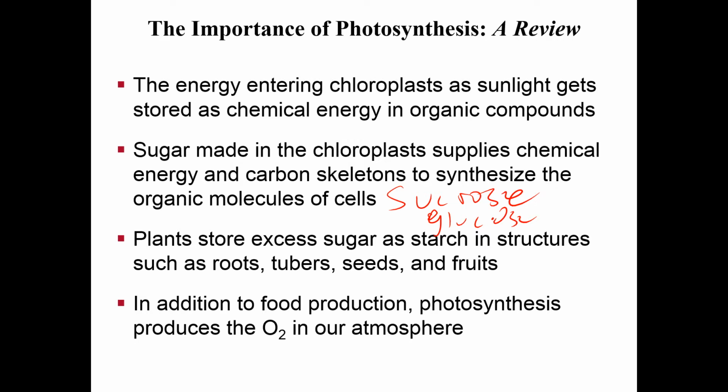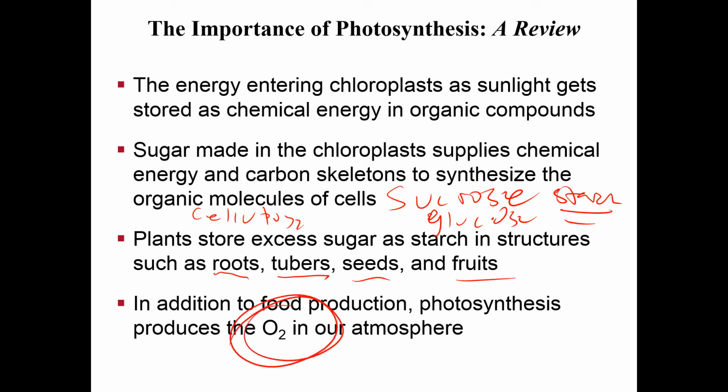That sugar can serve as a form of potential energy, chemical energy, or it can be used to make cellulose or starch, so we can have a storage or structural role. A lot of this potential energy is stored in roots, tubers, seeds, fruits. And then you also release oxygen gas into the atmosphere.